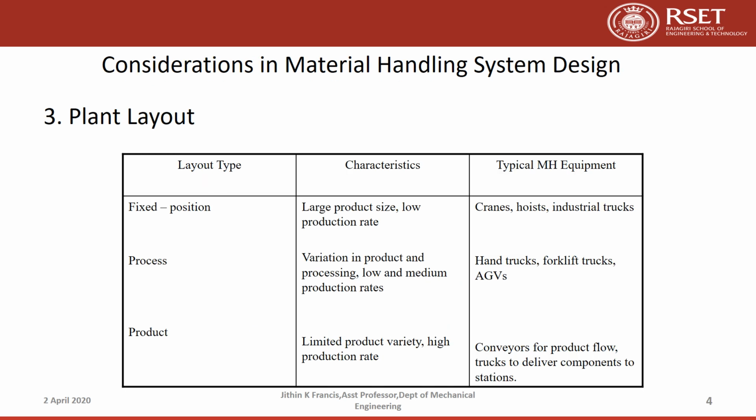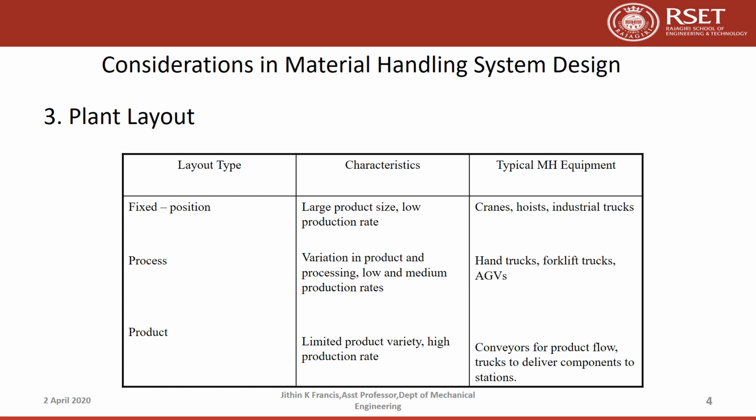The next consideration in material handling system design is the plant layout. Now we have already studied the different layout types. So suppose we just take a fixed position layout. The characteristics are a large product size and low production rate. For such cases you may use cranes, hoists or industrial trucks.